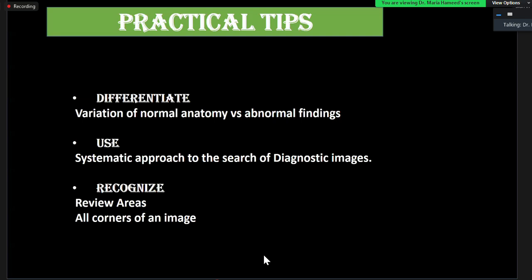And the subject grip is also very important, especially for those entities which are only seen in peds. And you all need to check for the developmental changes that are reflected on the imaging. So again, these things are very important. And you need to recognize the review areas, check all the corners of the image, use a very systematic approach. All this from today's talk.